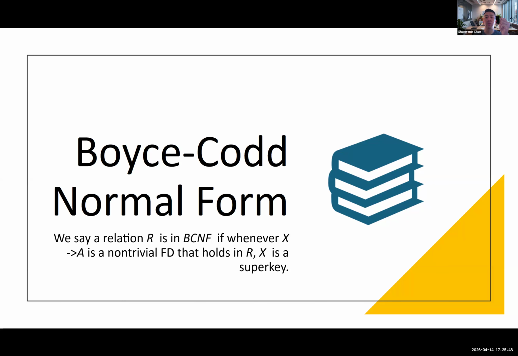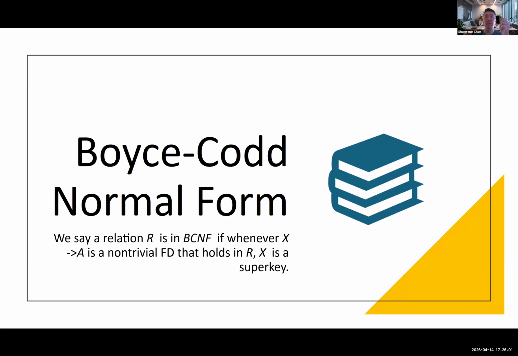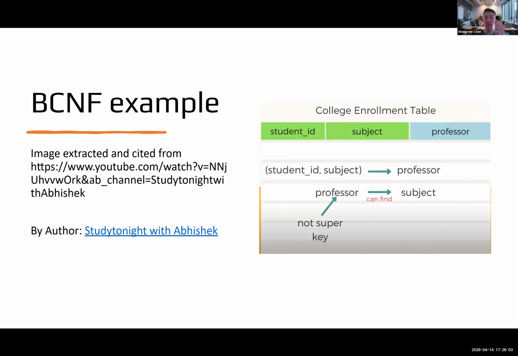For 3 and 3.5 or anything above that, the first thing you do is to identify the entity, which means your table or your schema, and whether or not the data or the attributes are isolated to their sole purpose. For example, in a college enrollment table here, the professor, the subject itself, and the student ID: these three make up the enrollment, but the subject and professor should probably be isolated into a separate table.